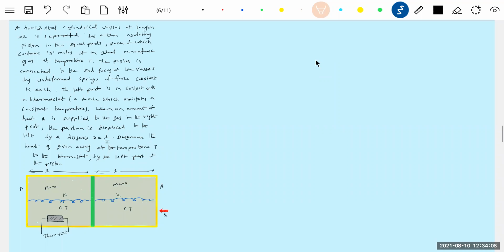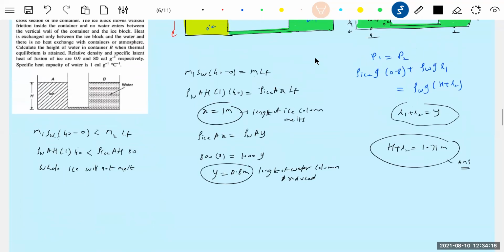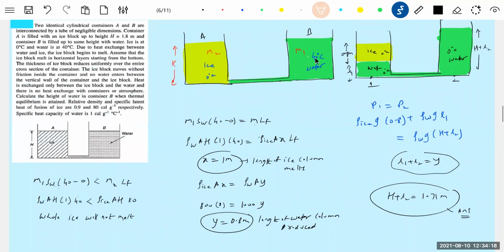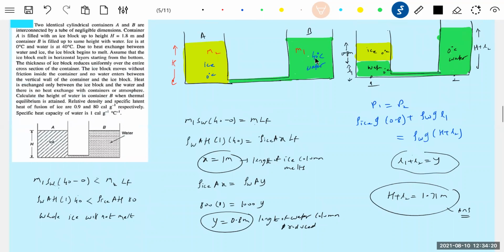It's 1.52, not 1.71. Everyone, 1.52 confirmed, I'll change it.